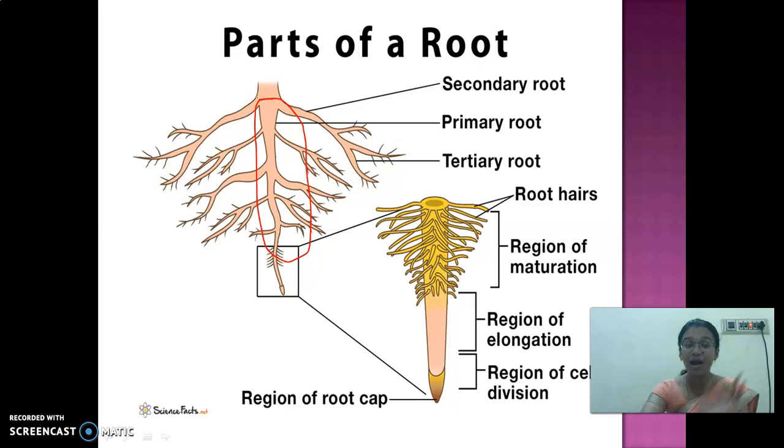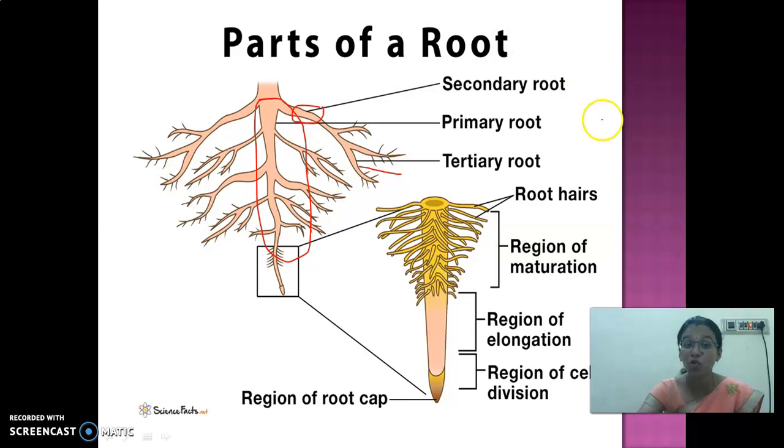The root which comes out from the primary is called secondary. Look here, this is secondary. And the roots which come from the secondary are called tertiary. Totally we have three types of roots: primary, the center one, secondary which comes from primary, and tertiary which comes from the secondary.